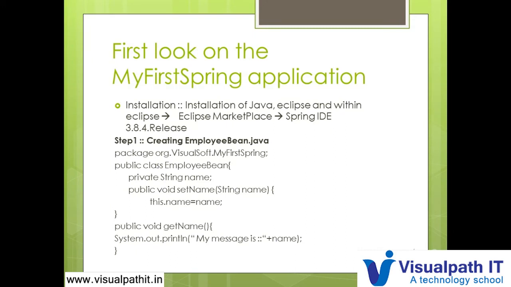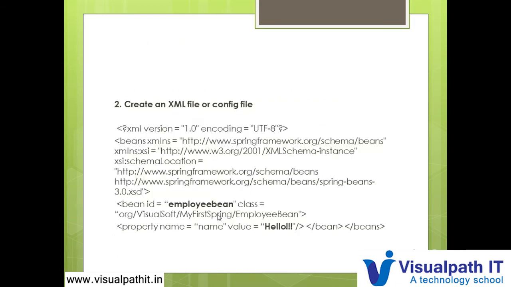So let's take a class, public class EmployeeBean, private String name. Just like Java beans, we are using getters and setters here, where the setter sets this.name equal to name, and getName prints my message, whatever I want to print.